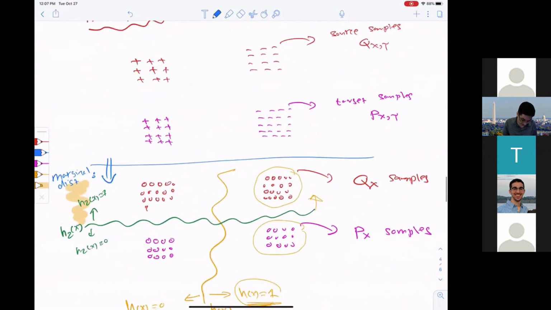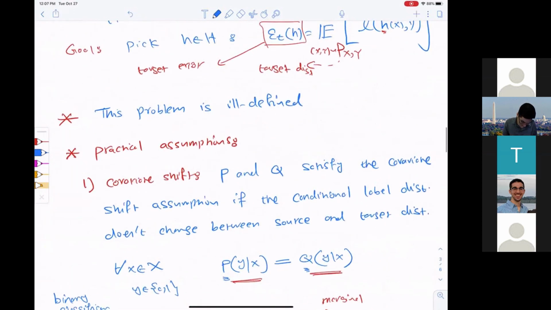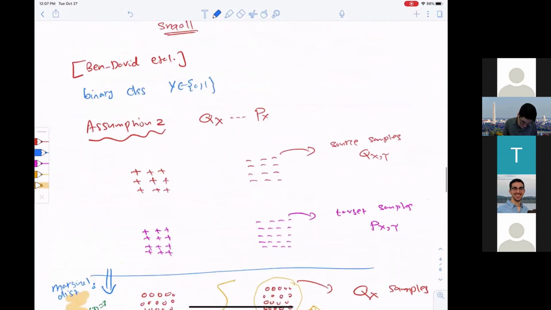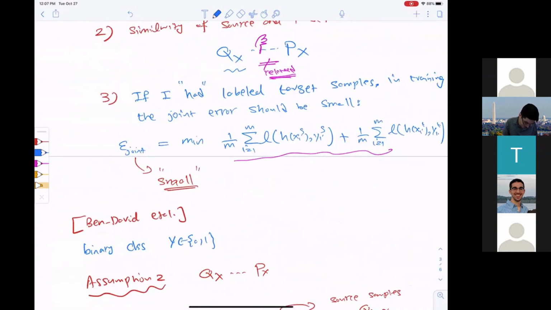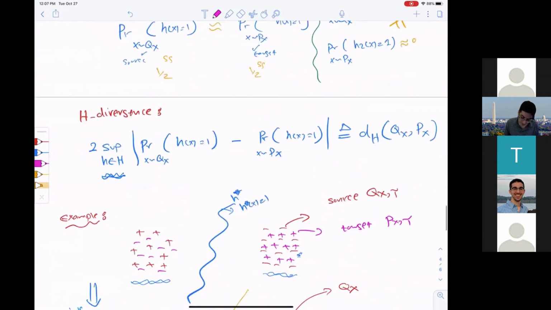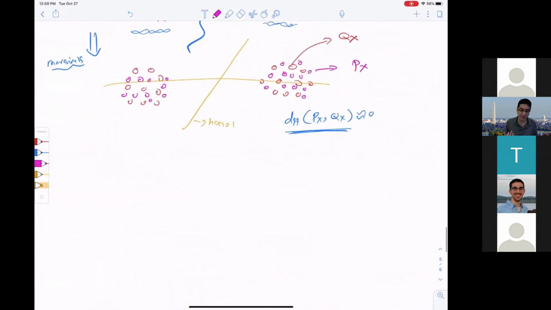So this joint error is going to be really, really large, close to half, for this example. Now we get a feeling: the distance between marginals is important, but it is not the end of the game. You can have distributions with a small H divergence between them but bad performance in terms of domain adaptation.